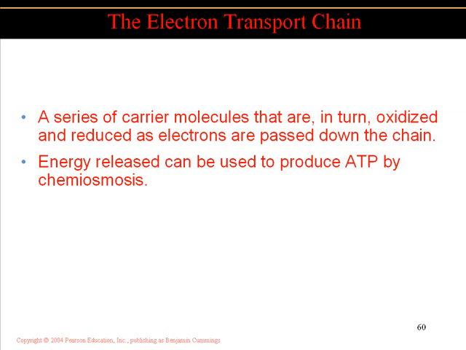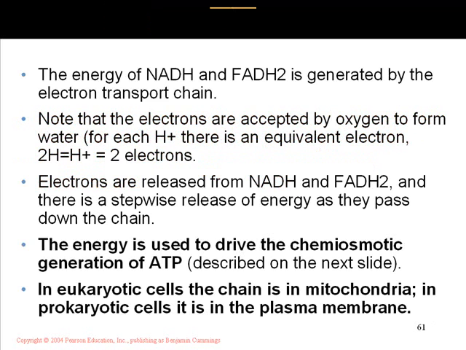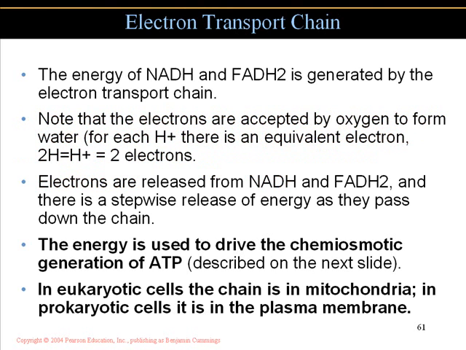And in the electron transport chain, you'll see carrier molecules that will be oxidized and reduced as electrons are passed down in a sequence of reactions, referred to as being passed down the chain. Energy release can be used to produce ATP by chemiosmosis, as we referred to earlier.